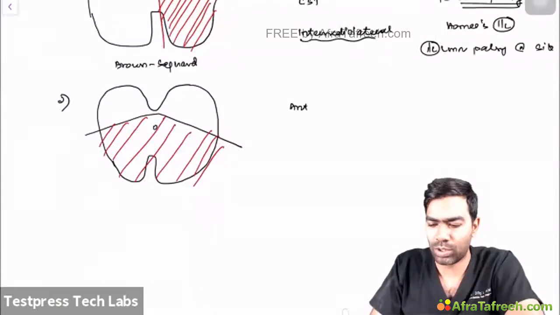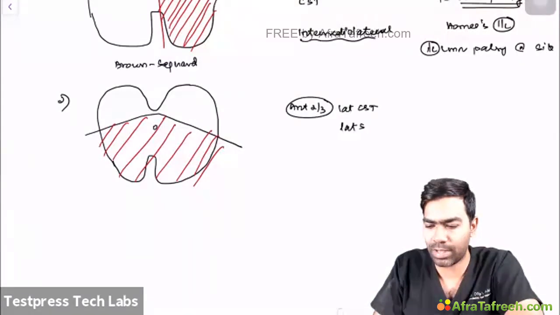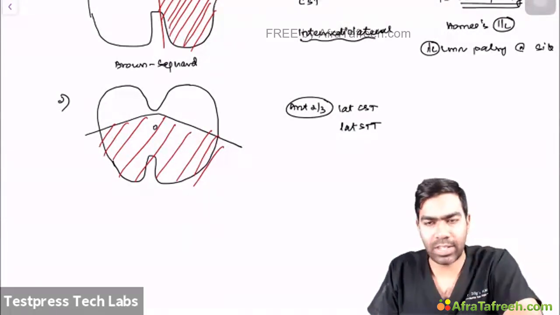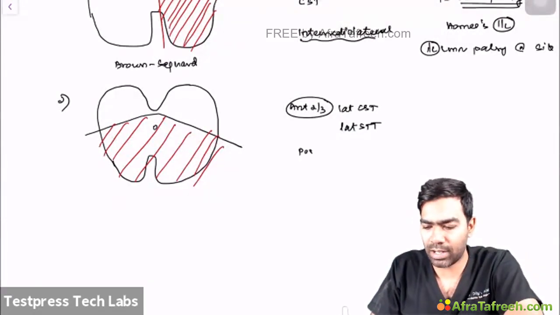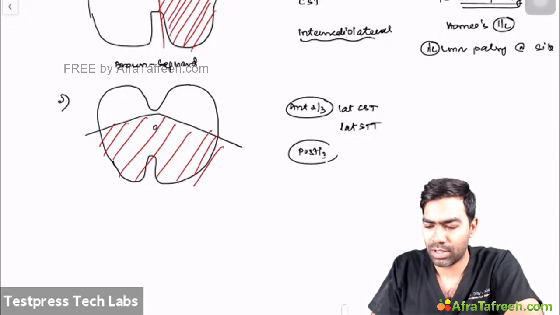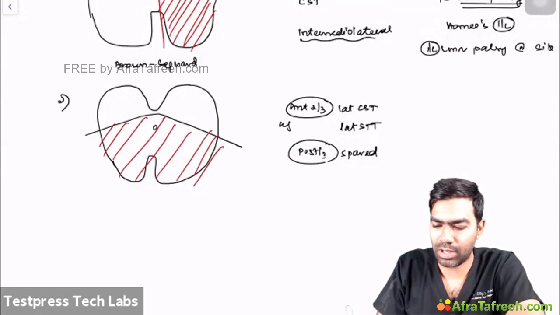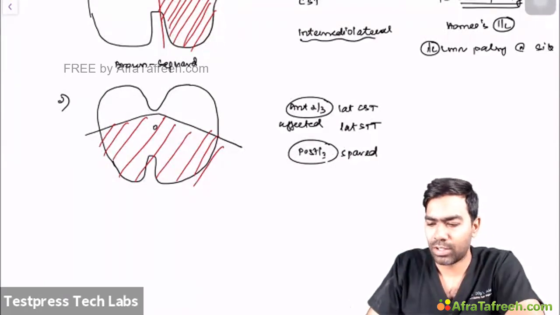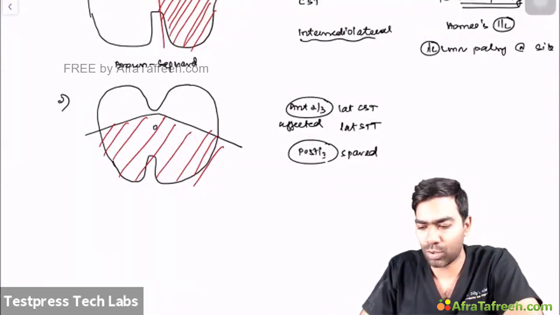So anterior 2/3 of the spinal cord is lost, which means you'll be losing the lateral corticospinal tract. You also will be losing the lateral spinothalamic tract, and you'll also be losing the anterior horn cells and everything in that particular zone. But what will be spared? The posterior 1/3 will be spared here, but anterior 2/3 will be affected. A typical example is anterior spinal artery occlusion, which you have discussed already.